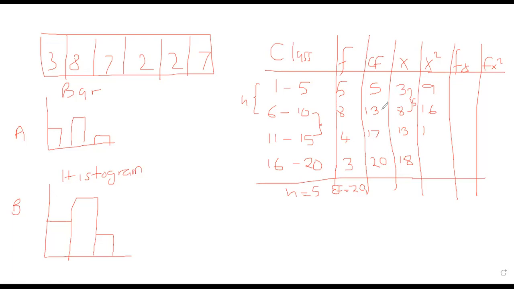Yeah, 8 squared. X squared is 64. Okay, thank you for that. 13 squared is 169. Here, 18 times 18, 324.